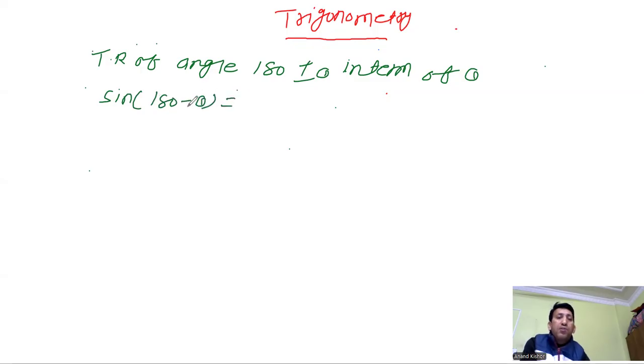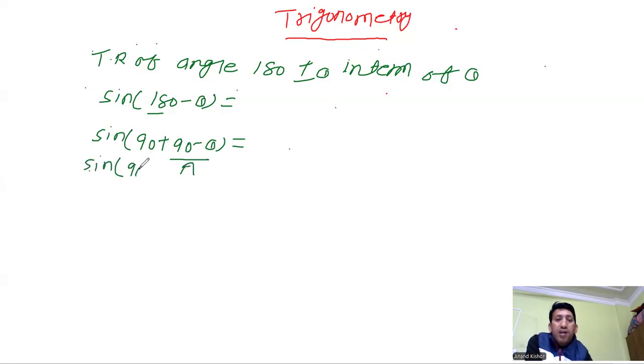We know sine 180, and so many methods are there, but by a trick we are going to prove sine(180 minus theta). 180 can be written as 90 plus 90 minus theta. Students, be careful: after the first 90, this is our angle. Suppose 90 minus theta is A. So this will become sine(90 plus A).